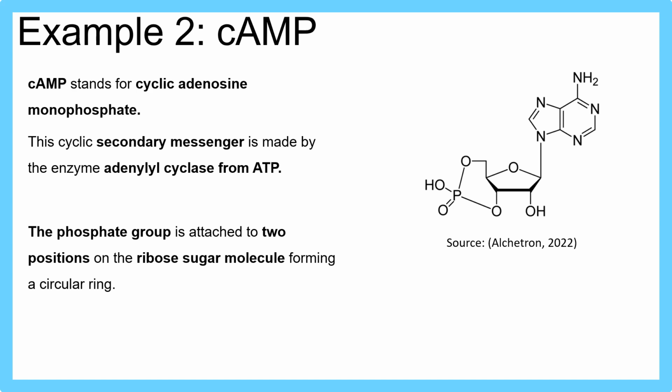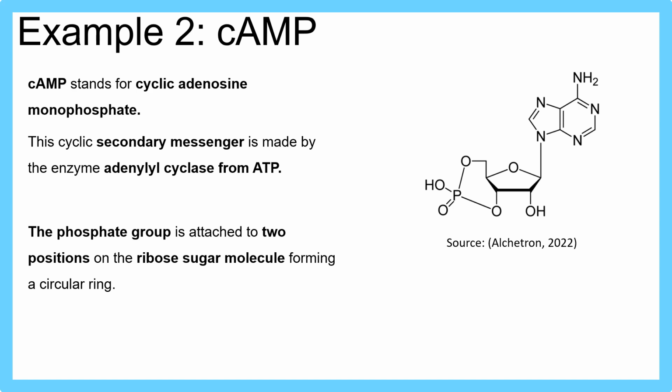Okay, so it has one phosphate group. However, the difference between AMP and cyclic AMP is that the phosphate group isn't just attached to one position within the ribose sugar. If you look at the image over here, it's actually attached to both parts. So this image is taken from Alcitron.